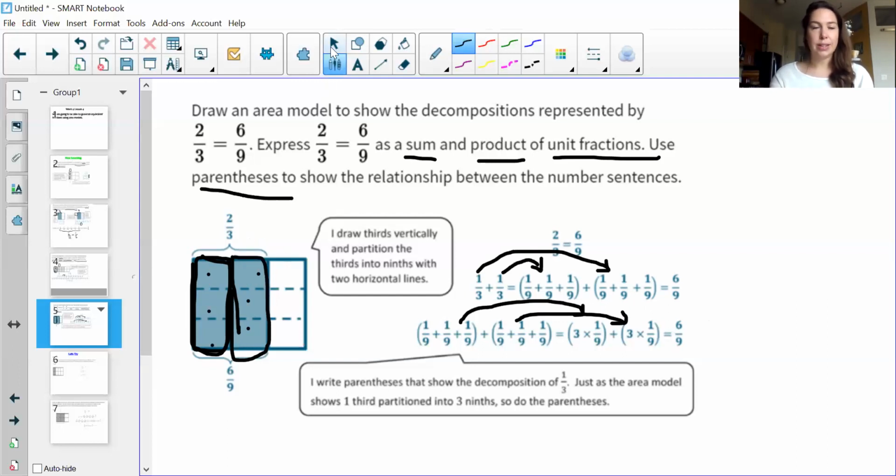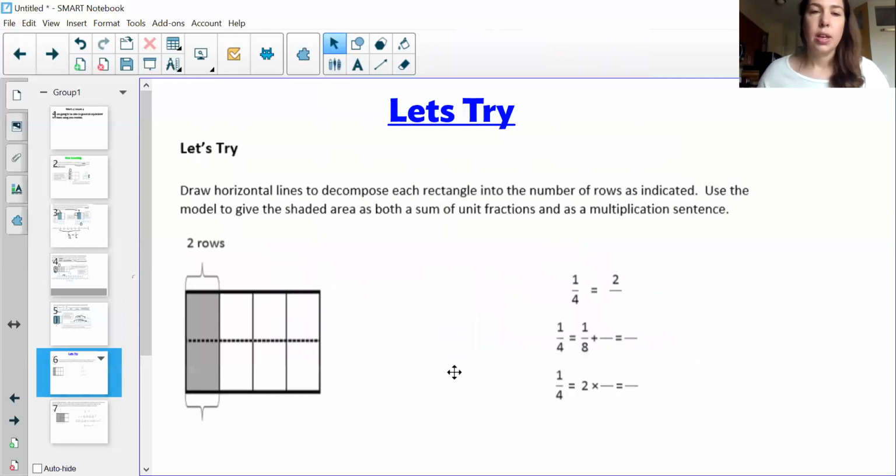Okay, we're going to do a let's try now. It says, draw horizontal lines to decompose each rectangle into the number of rows indicated. Use the model to give the shaded area as both the sum of unit fractions and as a multiplication sentence.